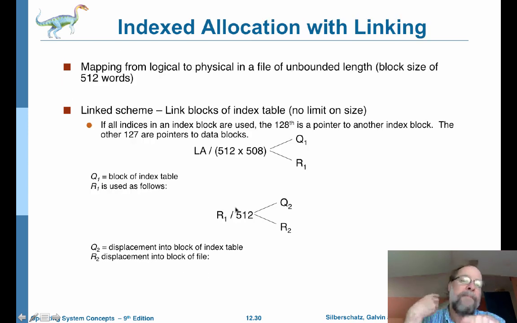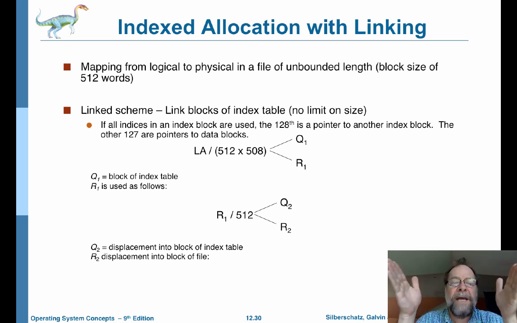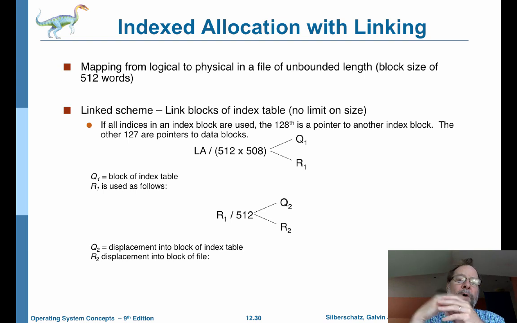Now the big problem with that scheme is that, as we saw, we were limited in size to, say, 64 kilobytes. If the blocks are bigger, say 4 kilobytes, then you'd have bigger files, but you'd still end up with a maximum that you could reach. And what we'd like to be able to do is store much larger files. And so we need a little bit more complex indexing scheme.